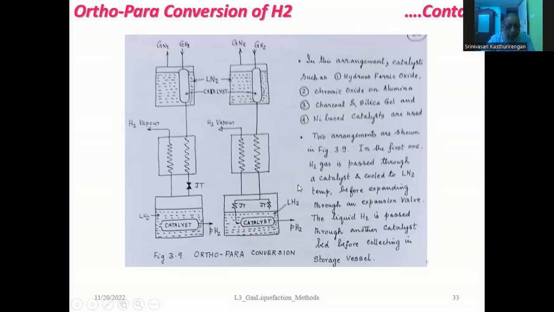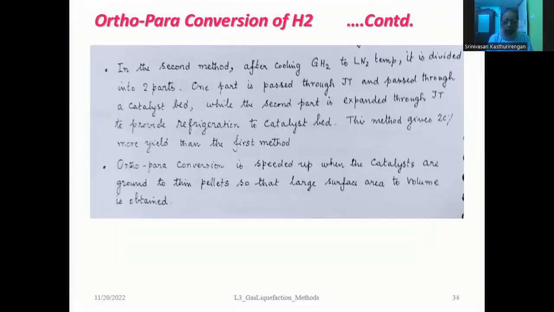The second methodology is supposed to give a higher yield, almost twice the yield compared to the first methodology. Okay. So the ortho-para conversion is an important aspect of hydrogen liquefaction. Unless this is properly taken care of, you lose a large quantity of the hydrogen produced as vapor.